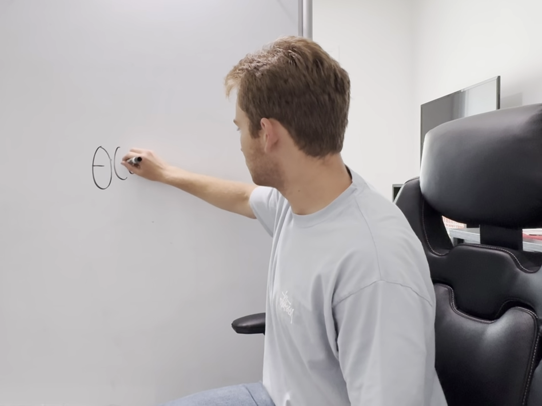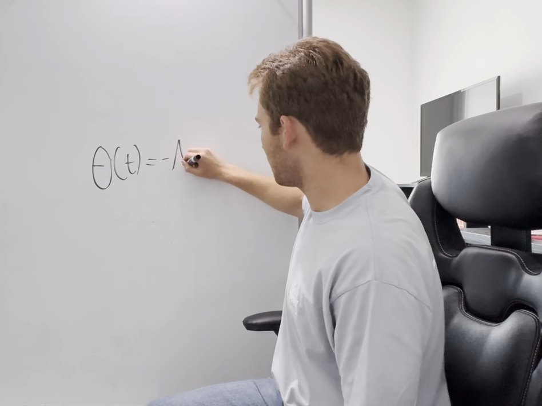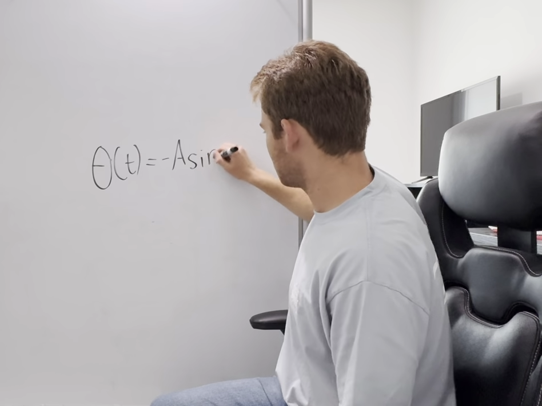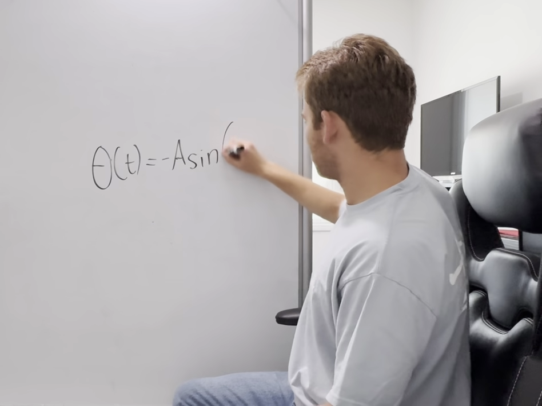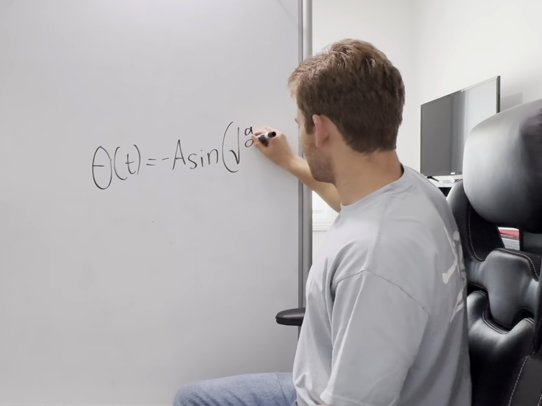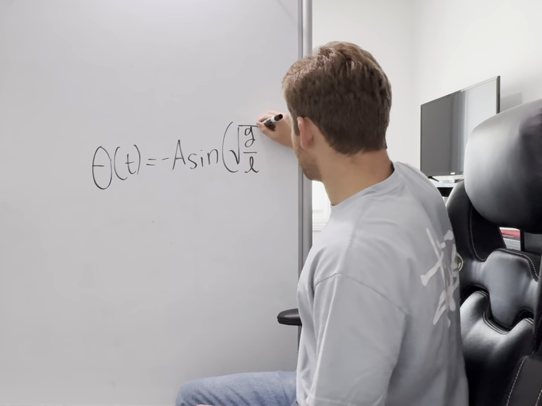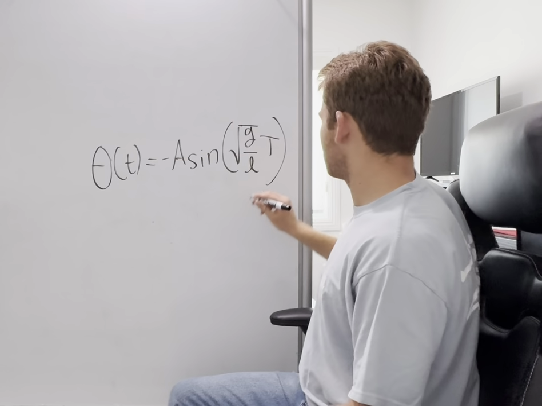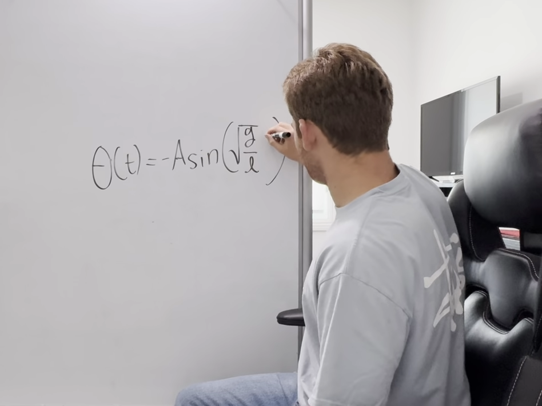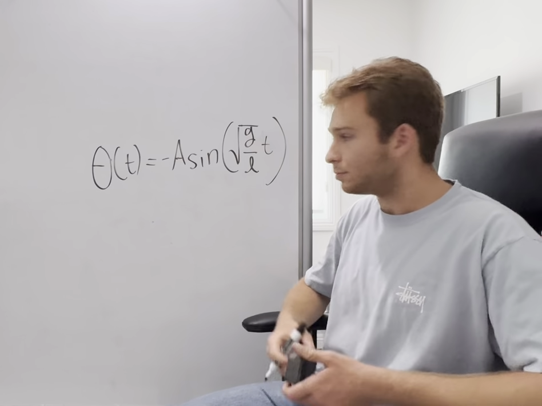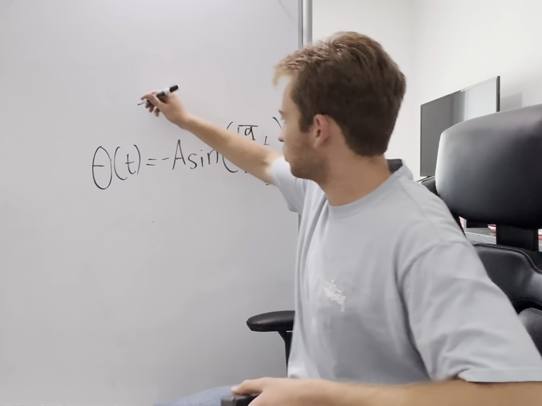Theta of t is equal to A sine of root g over L times t. Oh, not the period, the time. And that's our solution to the differential equation.